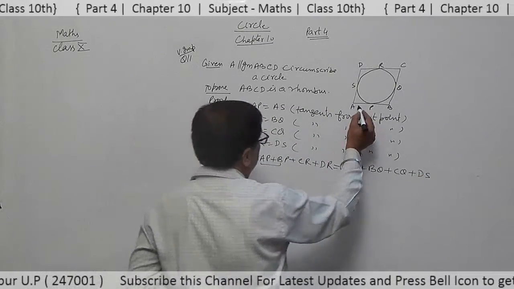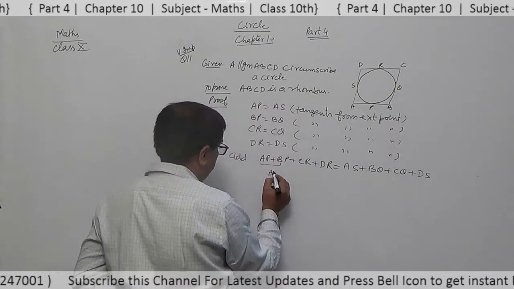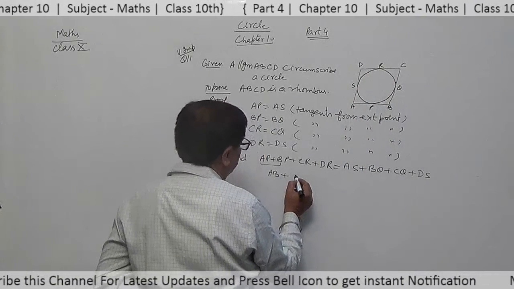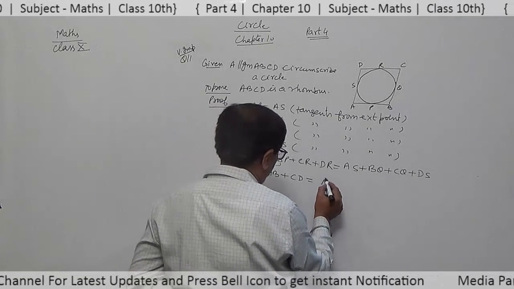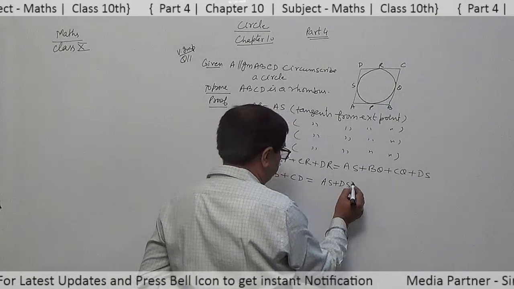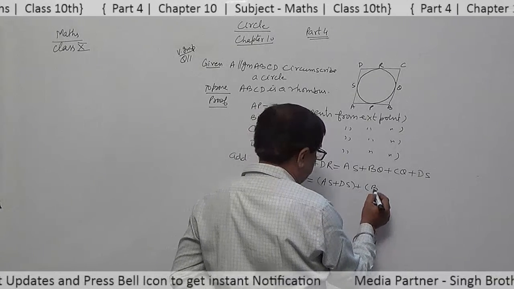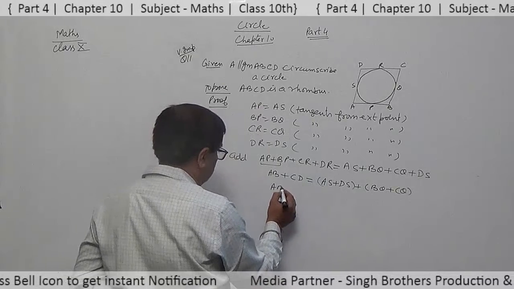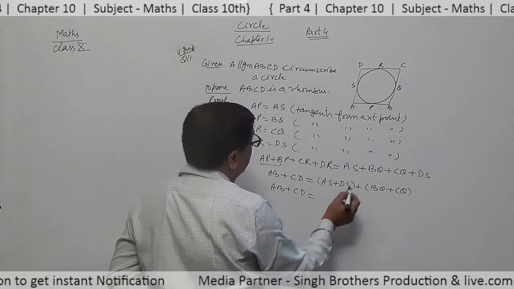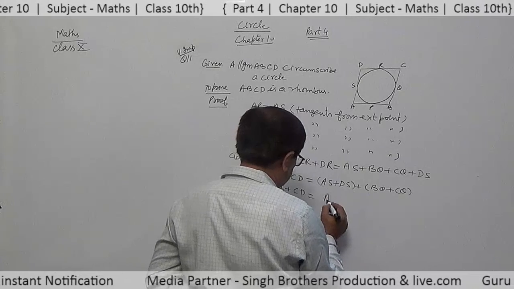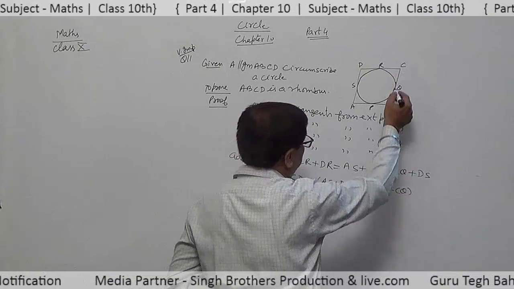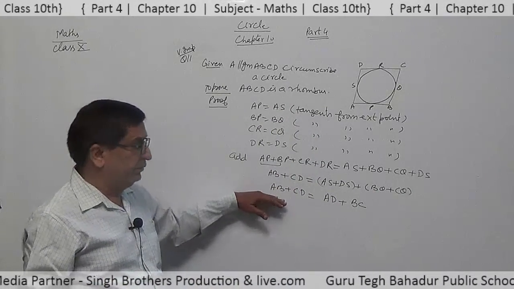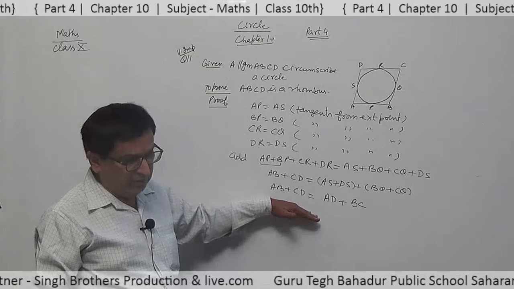AP plus BP becomes AB, CR plus DR becomes CD, AS plus DS becomes AD, BQ plus CQ becomes BC. So AB plus CD is equal to AD plus BC. We have already proved this in question number 8 up to here.